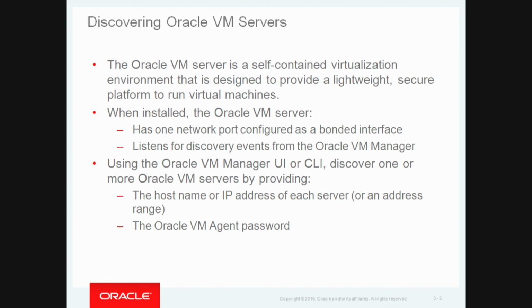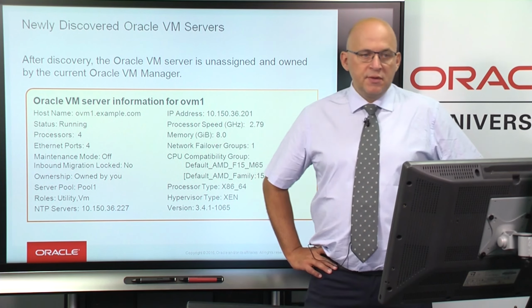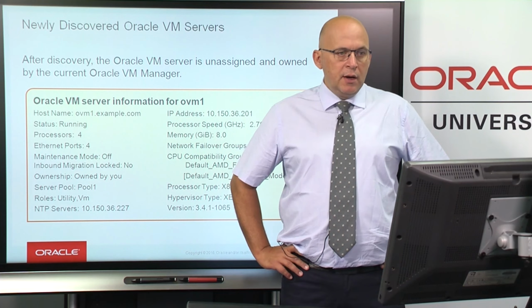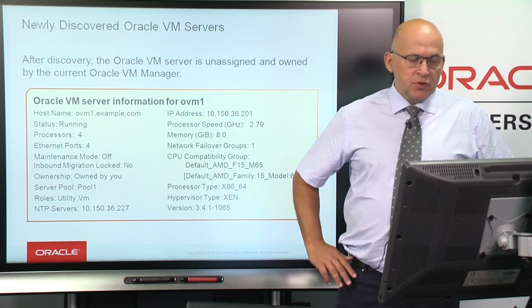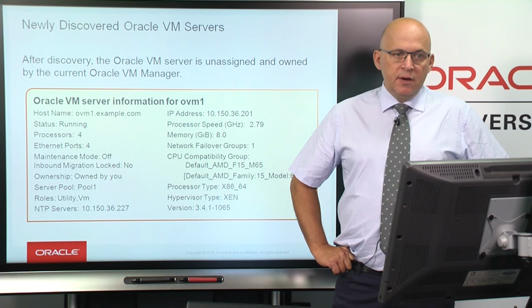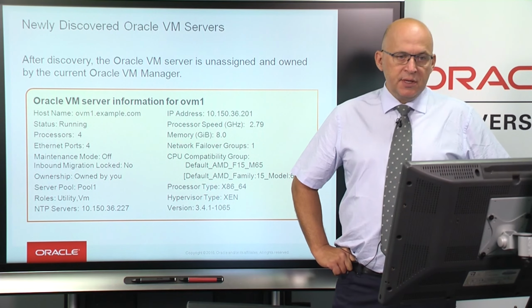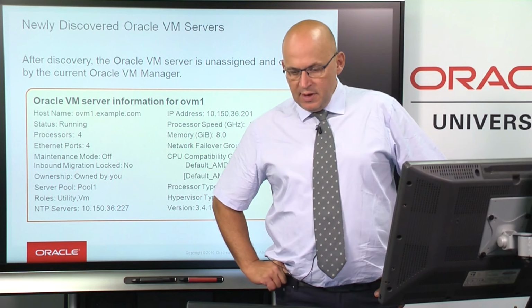You have to provide these additional parameters, okay, and then after some time you will see that the server that was in an existing state will pass into a state where it's owned by an Oracle VM manager.